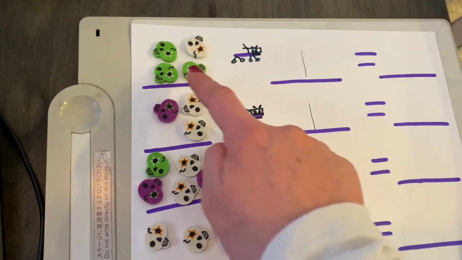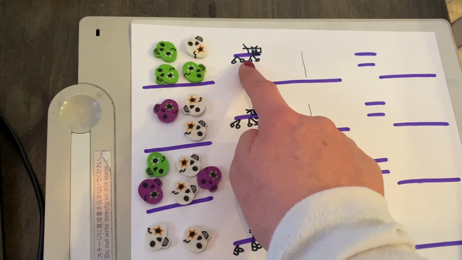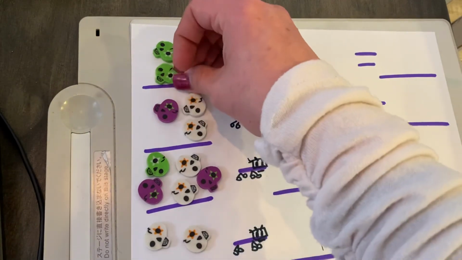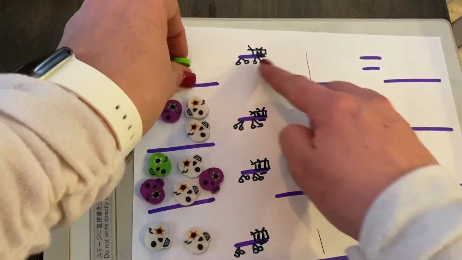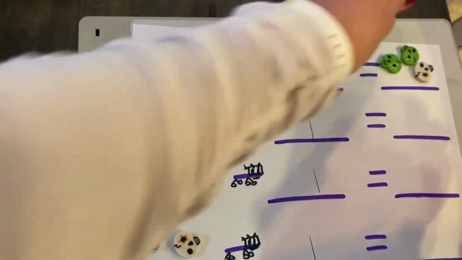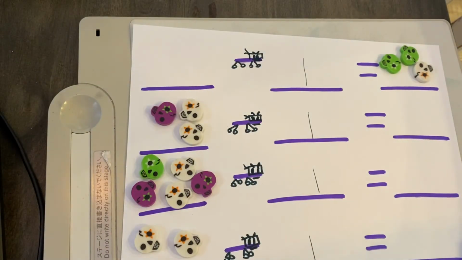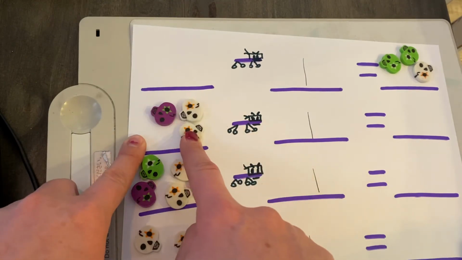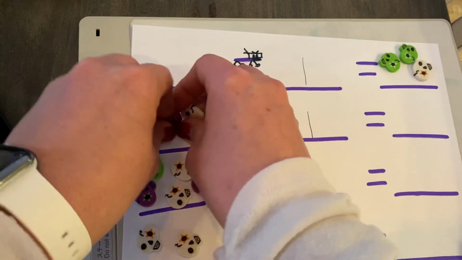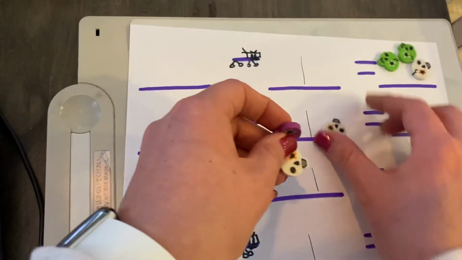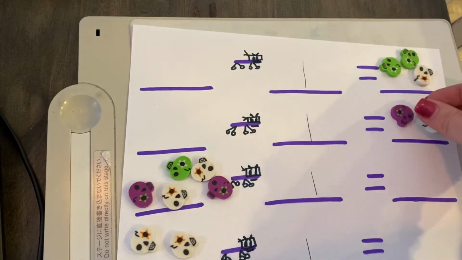All right, so we have 1, 2, 3, 4. Linus the Minus steals 1. So 4 minus 1 equals 3. Here we have 1, 2, 3, okay? And Linus the Minus is stealing 1. So 3 minus 1, he stole it, equals 2.